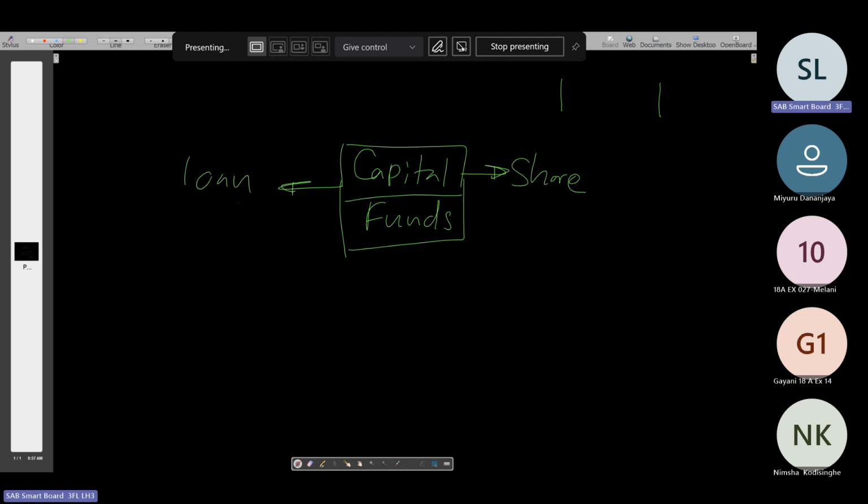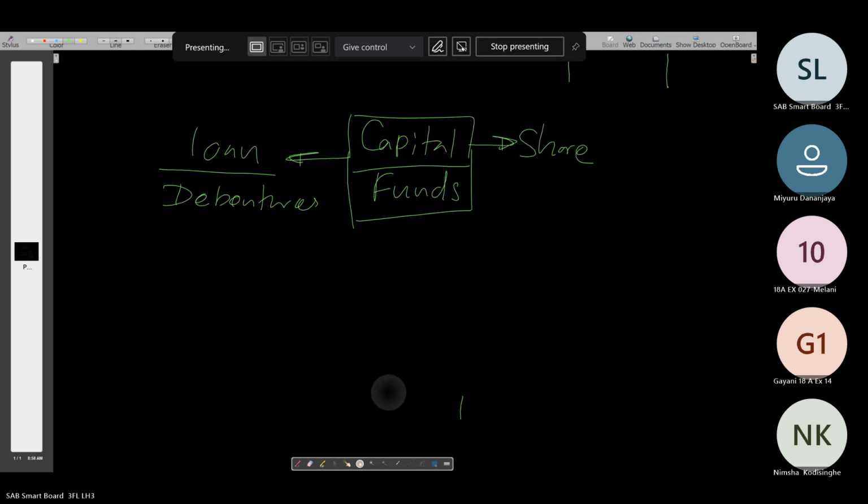Loan capital, or we name it as debenture. So share capital and debenture, or loan capital.